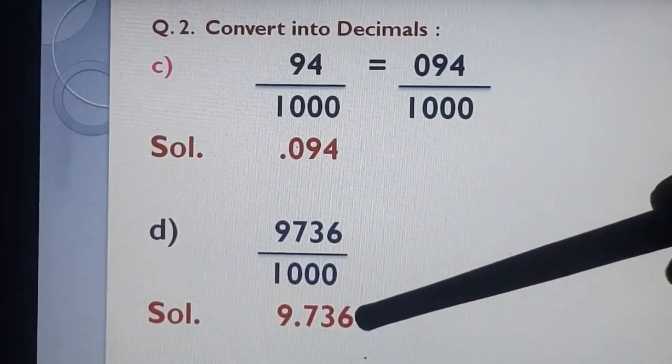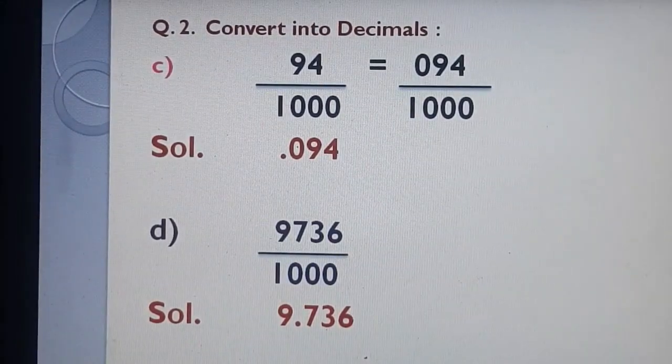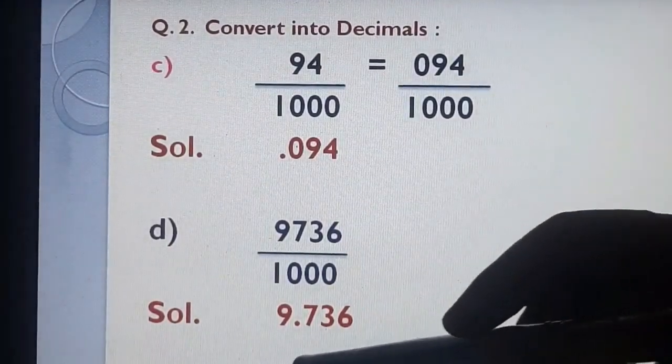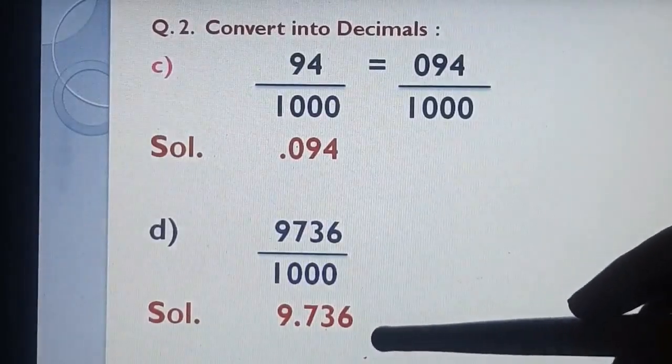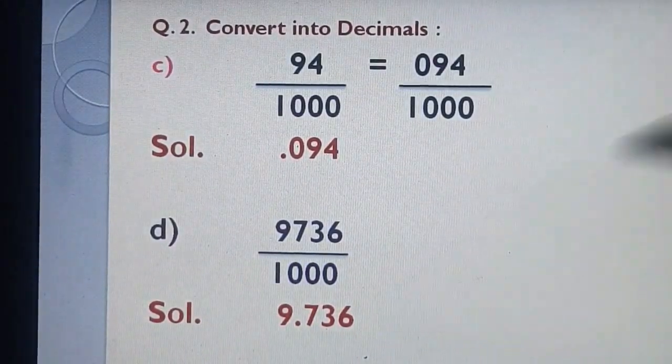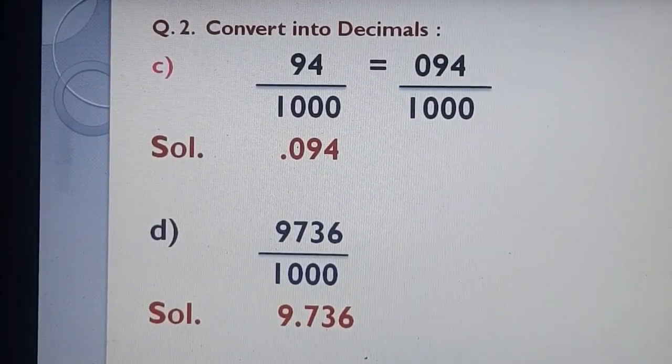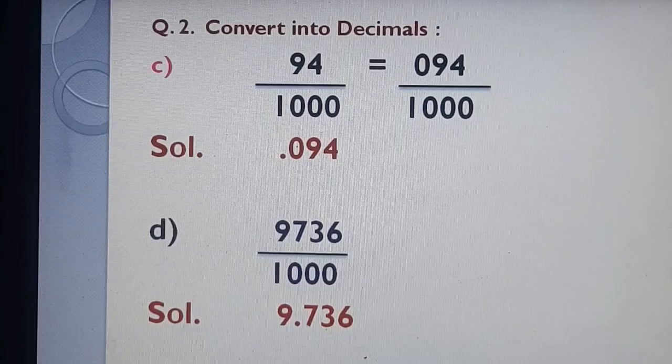So it will become 9.736. Reading will be done in the way as I am doing, 9.736. After decimal you have to read single digit. These were the conversion sums from your exercise 1B.